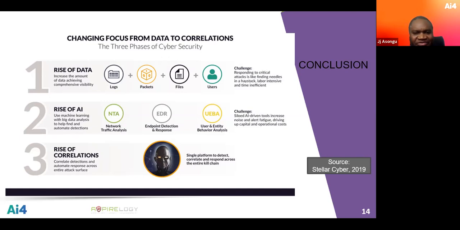Because the goal of third-party risk management, as we stated at the very beginning, is that you protect your systems from the vulnerabilities that may be introduced to your system from third parties.